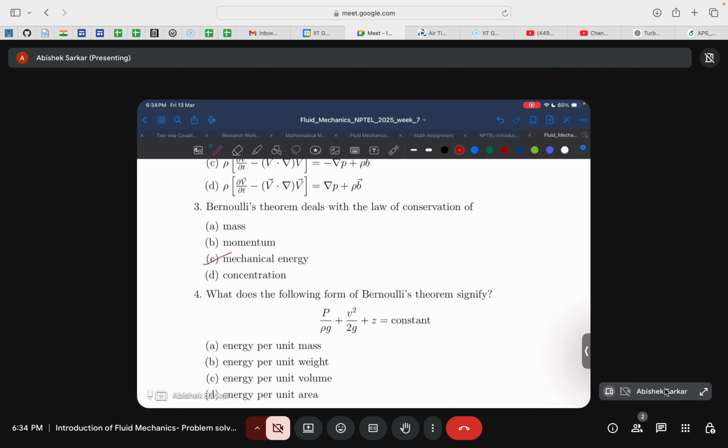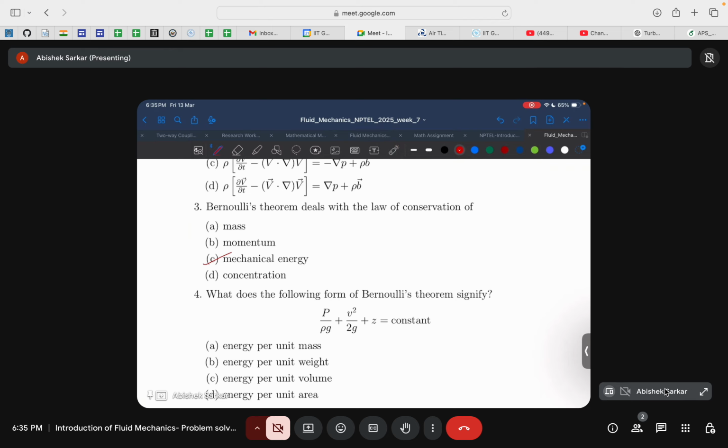If an equation deals with a summation of terms which are the most popular forms of energy, kinetic and potential energy, you can know from the principle of dimensional homogeneity that this equation has to be related to energy conservation. So in this case, this is the conservation of mechanical energy.